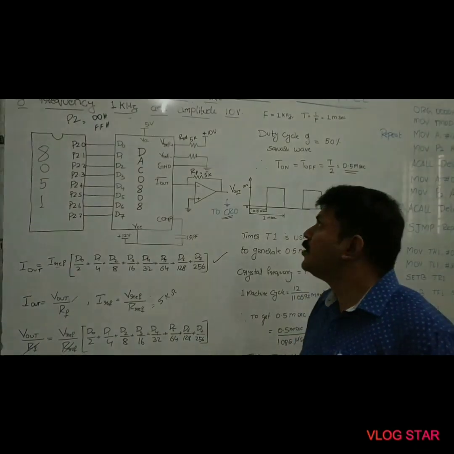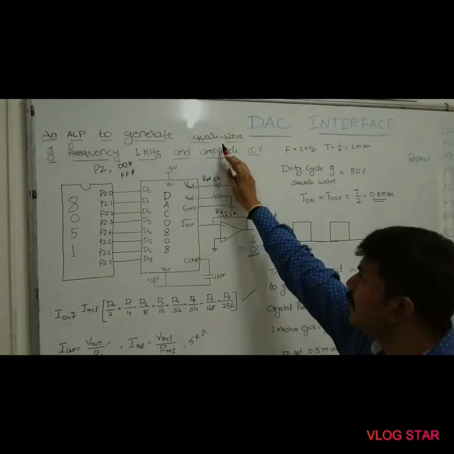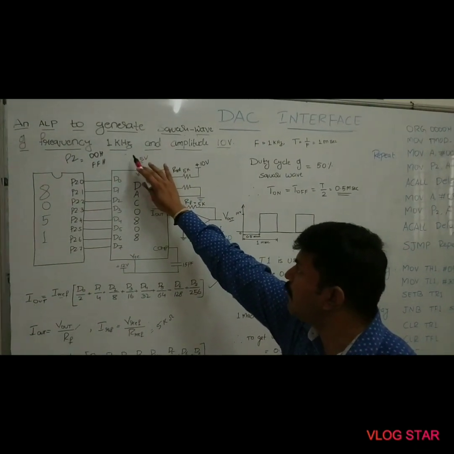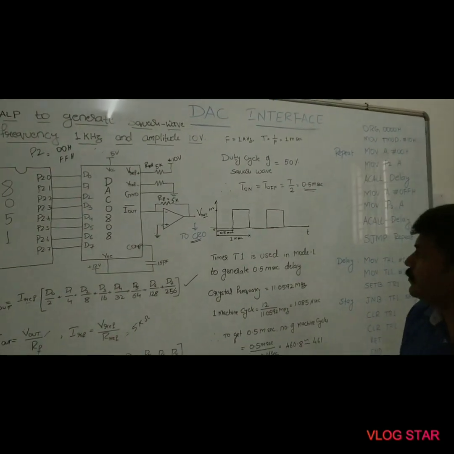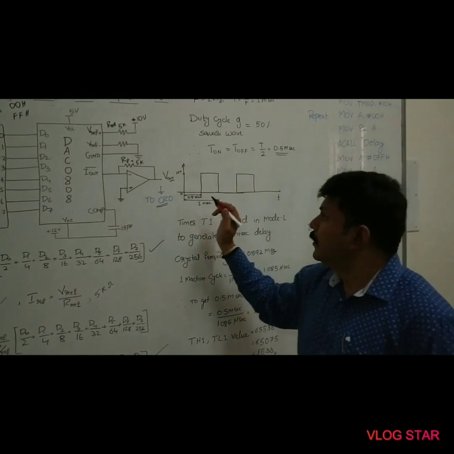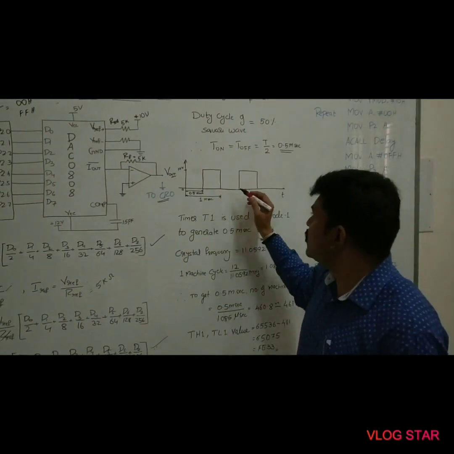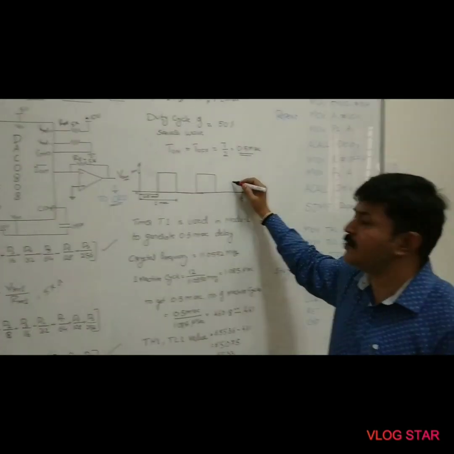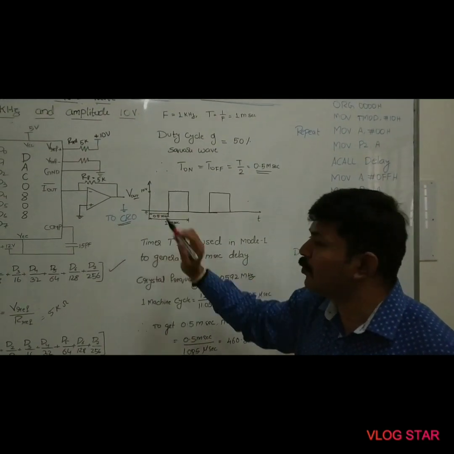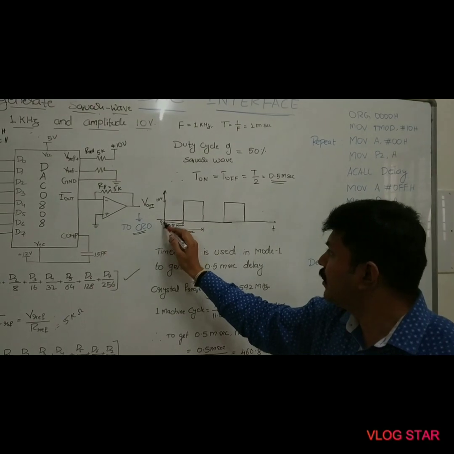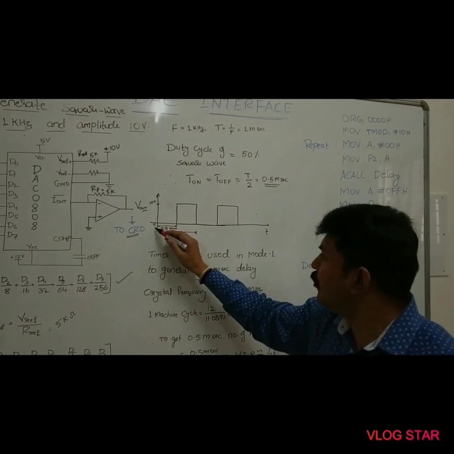Now coming to the square wave, we have been asked to generate a square wave of 1 kilohertz and amplitude 10 volts. This is how the square wave looks, and you can see that there are 0 volts and 10 volts. So there are only two voltages.